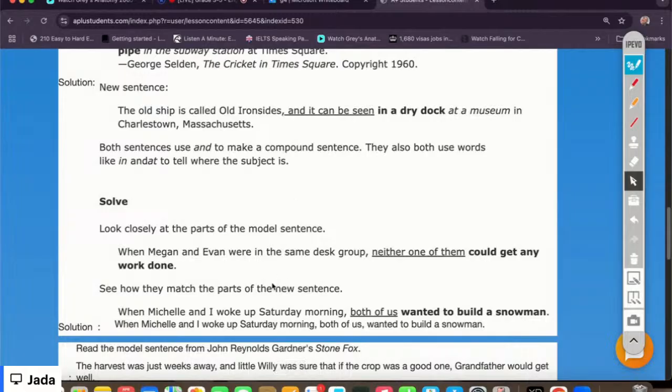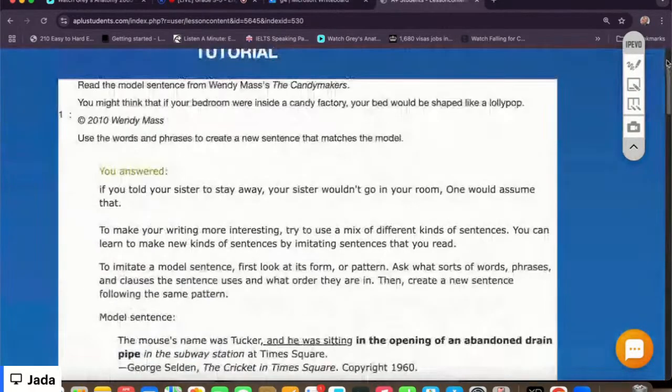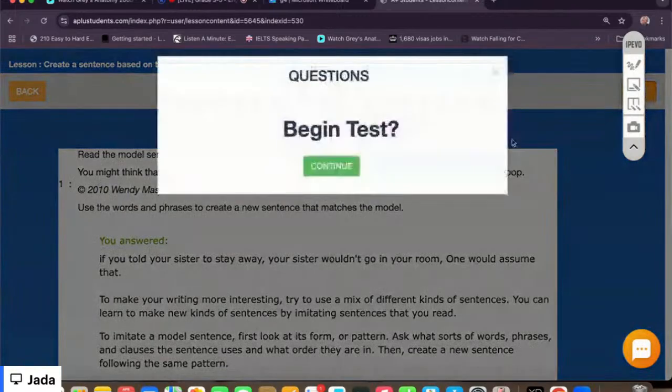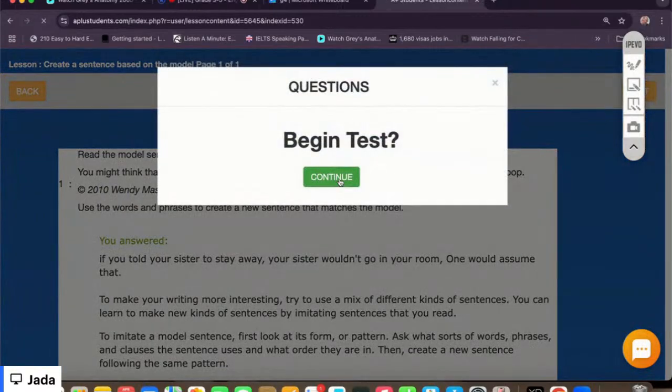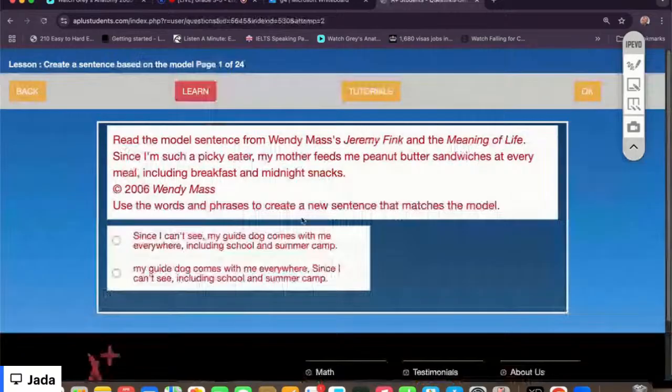So you can see that there's some imitation from the main sentence to the new sentence created. Now, this is very important for you when you have to do some writing. You don't have to copy the same thing that you see. You can imitate the sentence and just pick out the main words that are used, and then you can make your sentence like that.